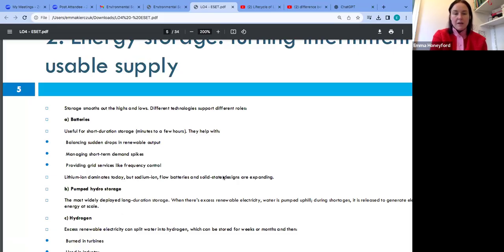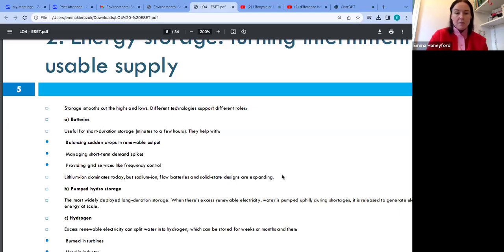So when we do have spikes in renewable energy, we need a place to store that. At the moment, lithium-ion dominates the market, but there are different types of batteries as well. But at the moment, lithium-ion is the dominant form of battery.